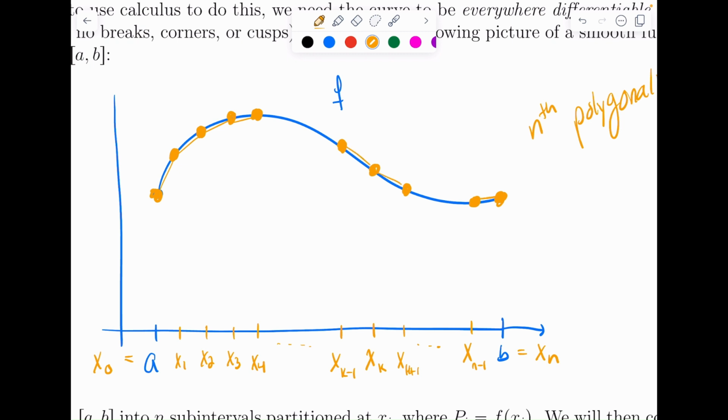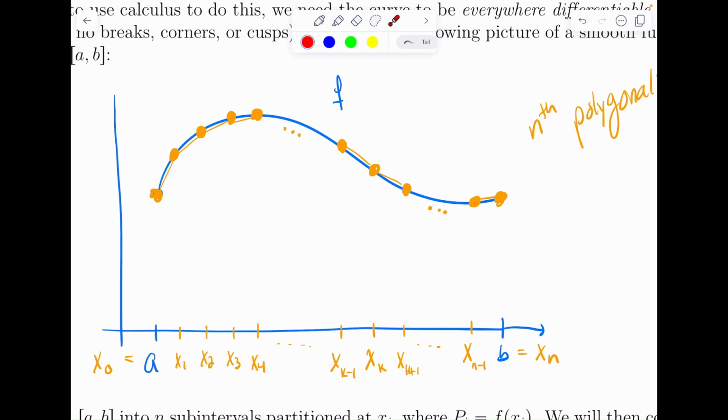And of course, that's dot, dot, dot in between these points. Now, of course, you can see just based on the way I drew it, if I figure out the length of the polygonalization, the orange piecewise linear graph, that's not going to be equal to the length of the blue curve. It seems to be, say, an under approximation here, under approximation, sometimes it's an over approximation, and so on.